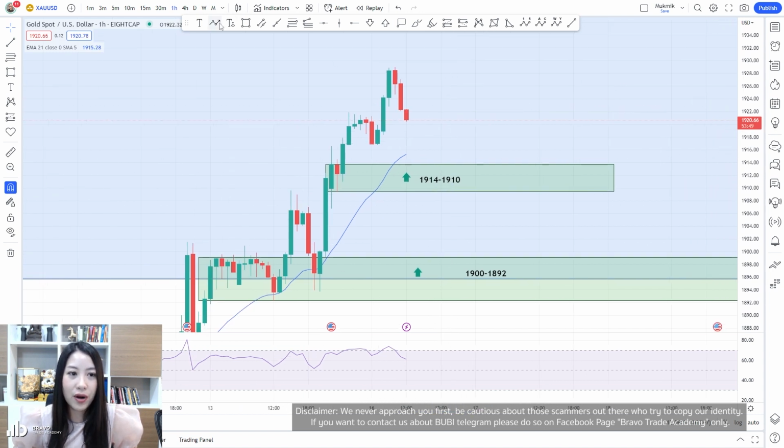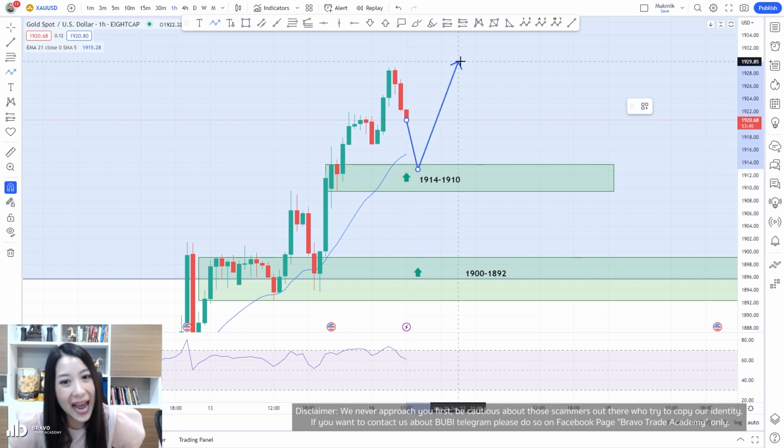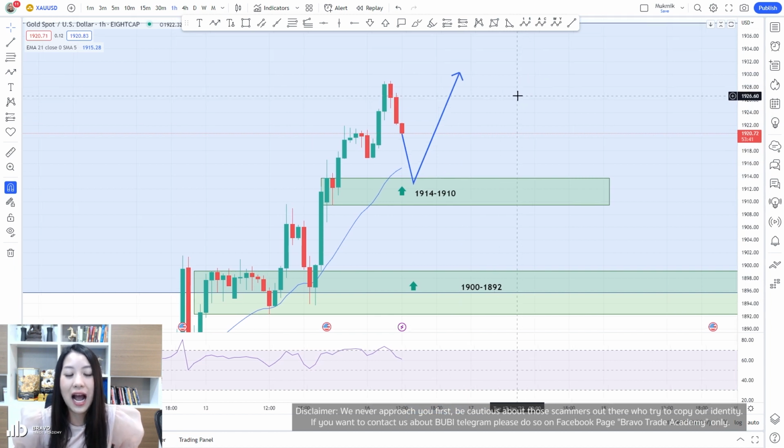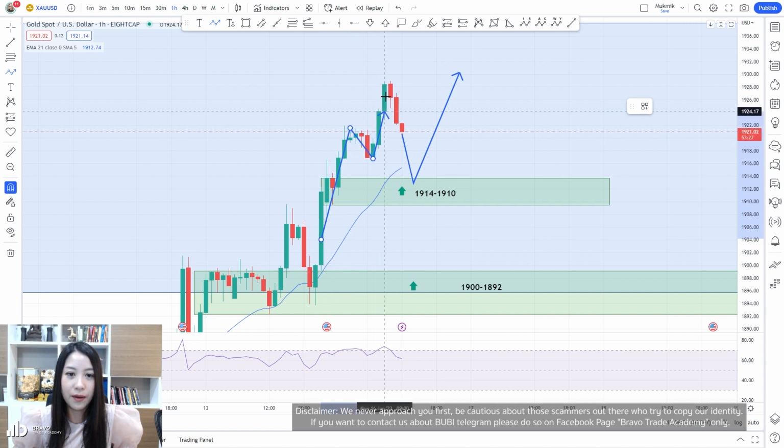However, if the price comes back down to test this demand zone, can you hope that it will make a higher high? I would say maybe you need to take the profit even before that, because if the price comes back to test this demand zone, we will have our QM sell.